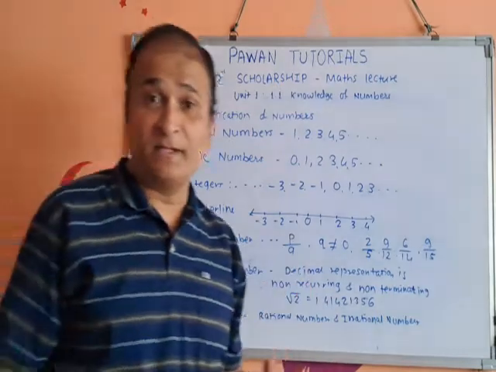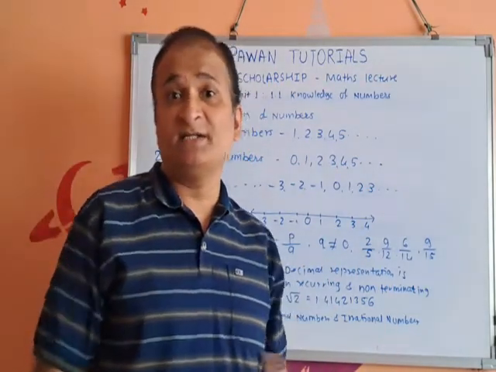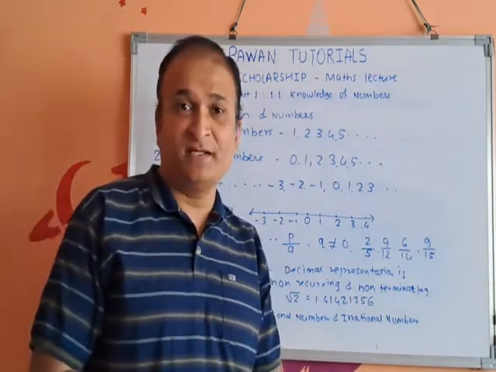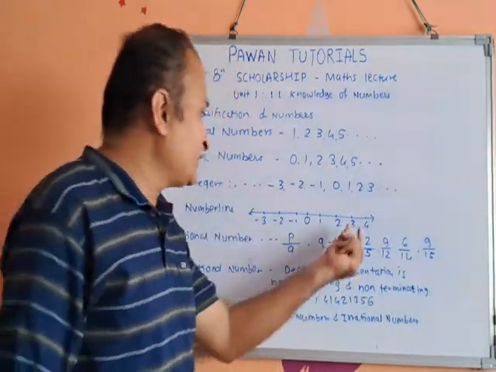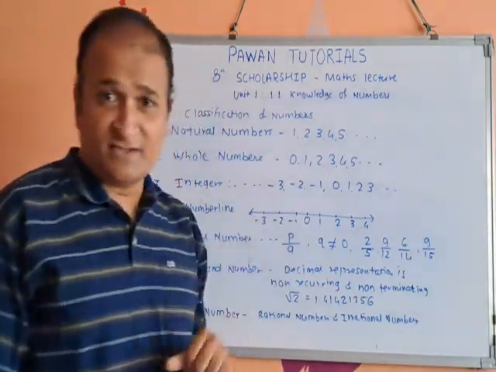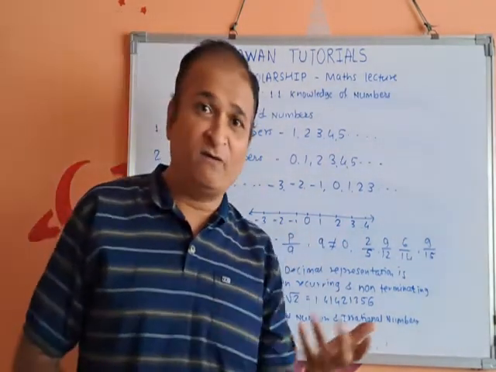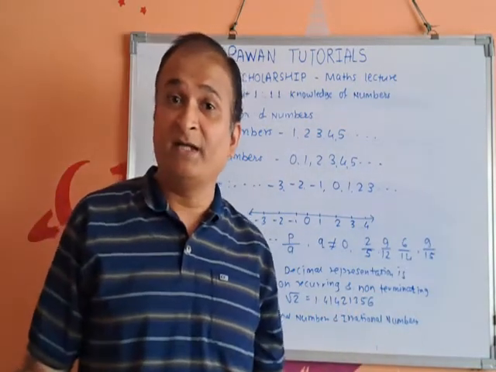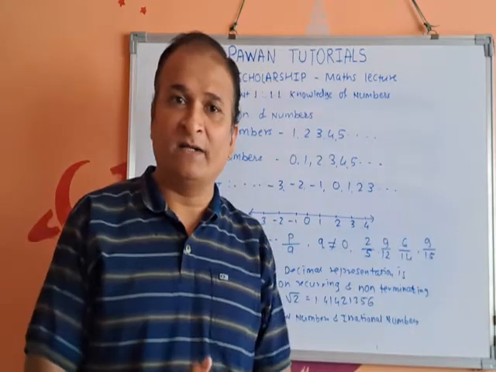So whenever we compare two positive integers, the greater one is the greater integer. Now what about 3 and minus 1? Which integer is greater? Whenever we compare a negative integer with a positive integer, the positive integer will always be greater than the negative one. Okay.